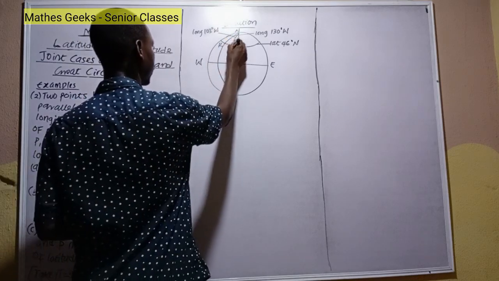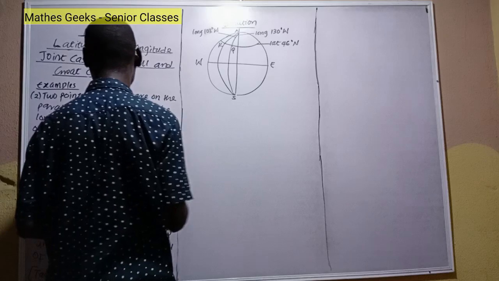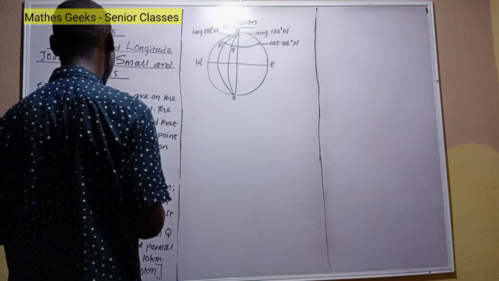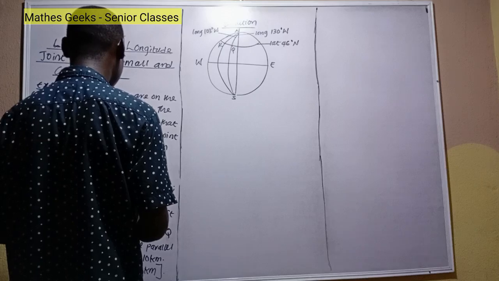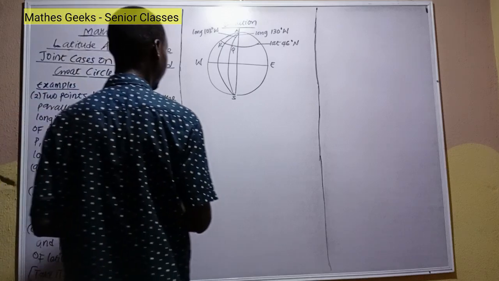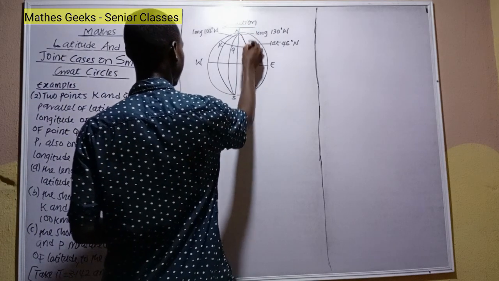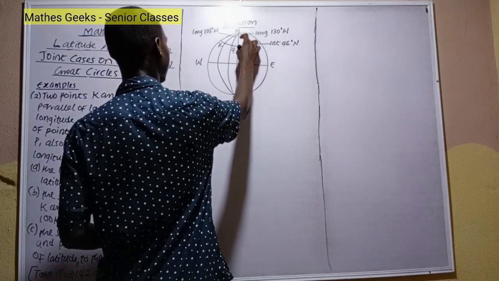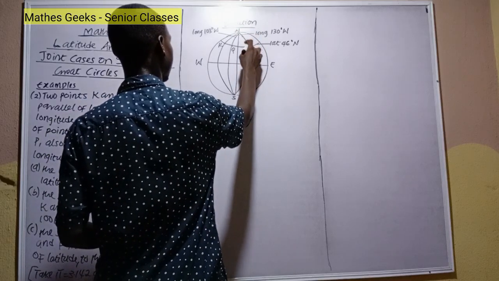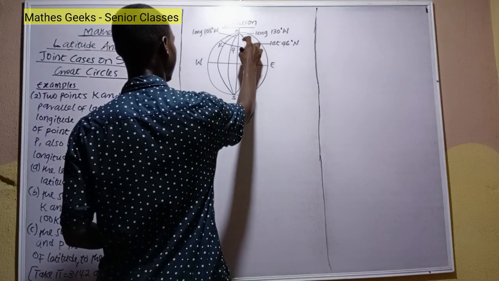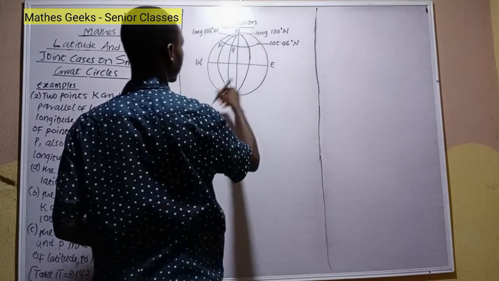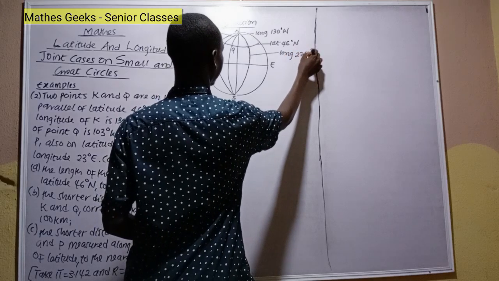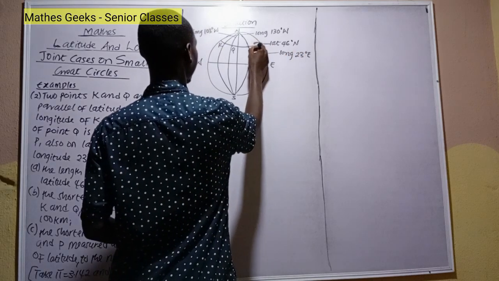This is Q. And a third point P, also on latitude 46 degrees north, is on longitude 23 degrees east. That is longitude 23 degrees east, point P.